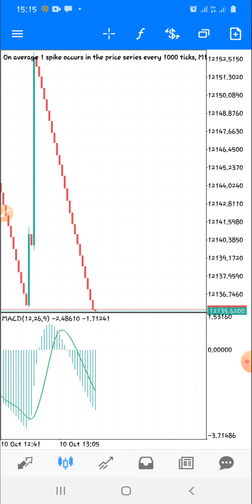So in this strategy, you need to identify the divergence when the market is still going in the same direction, or there is a breakout, meaning the trend continues.